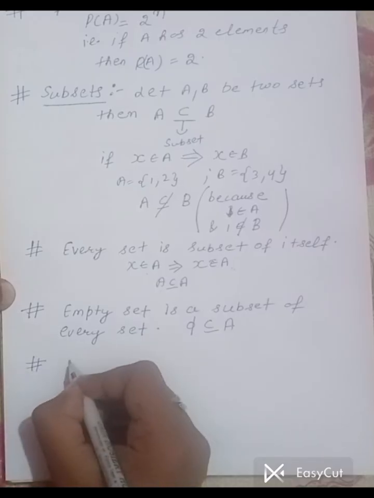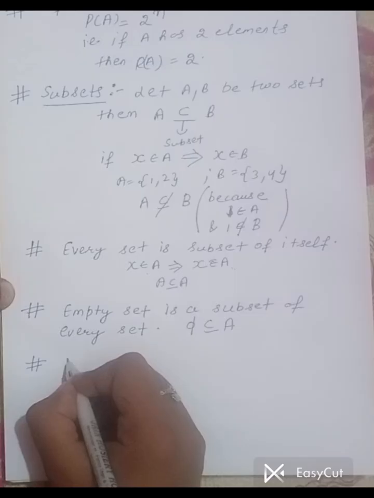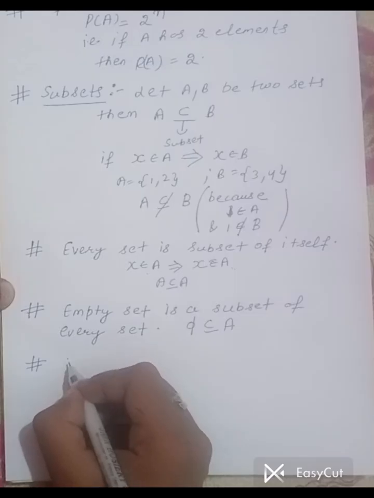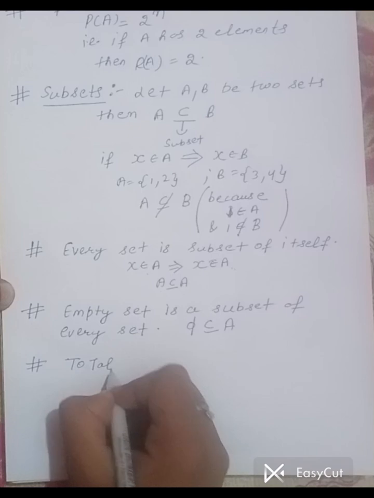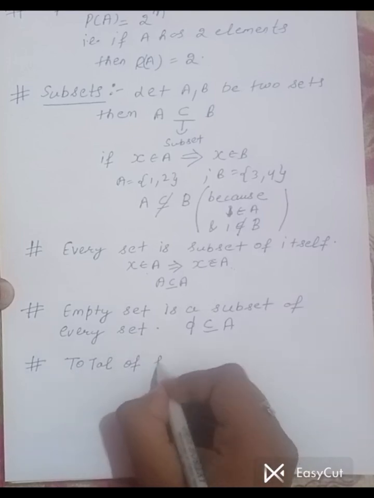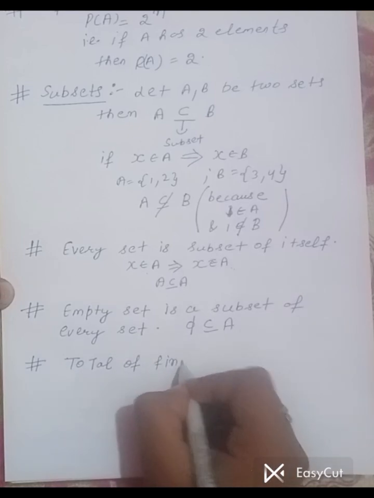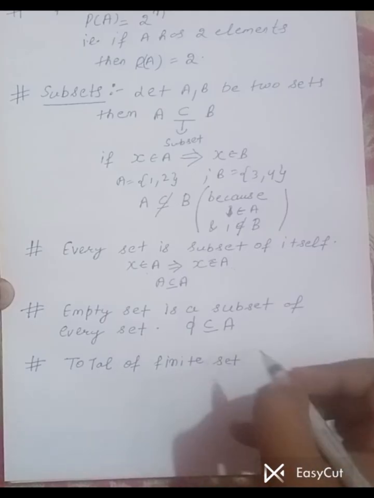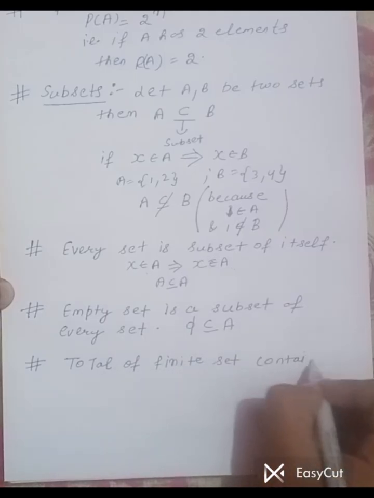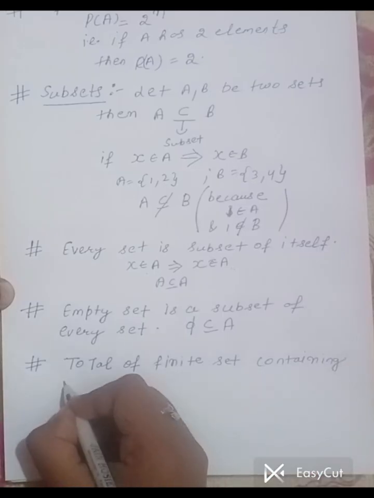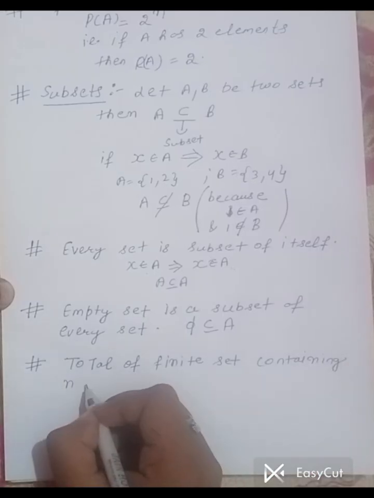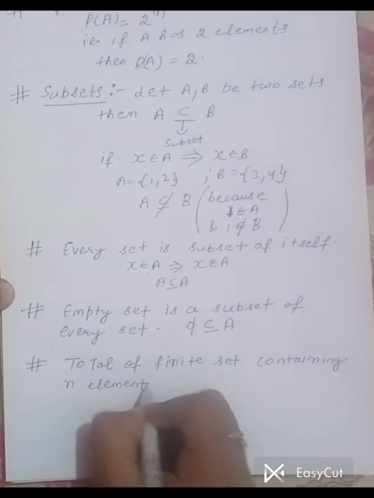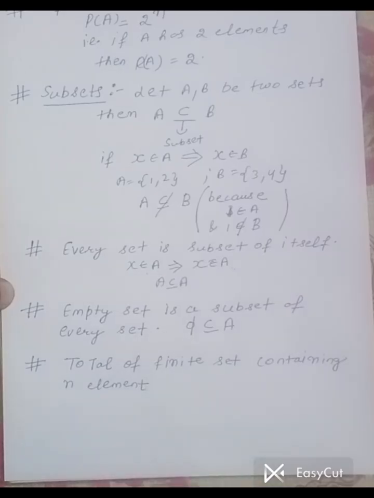The third one is, so we have defined the subsets. So tell me the total number of subsets a finite set containing n elements can have.